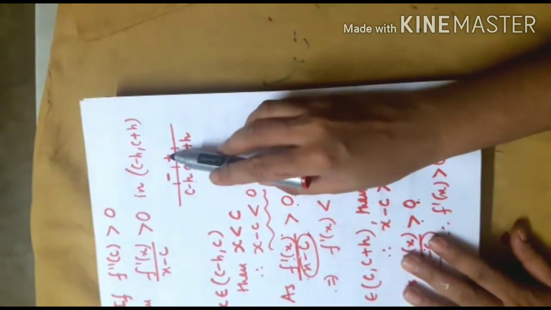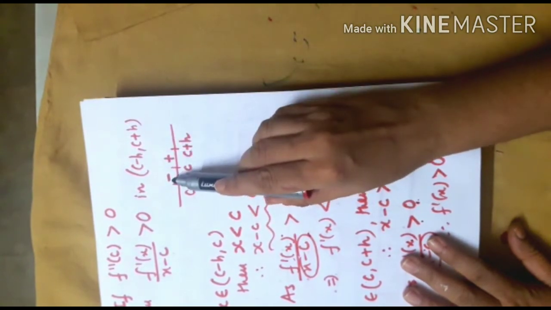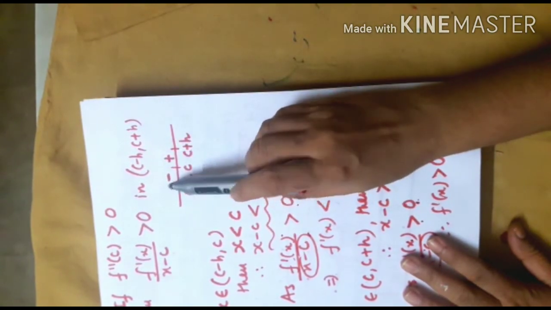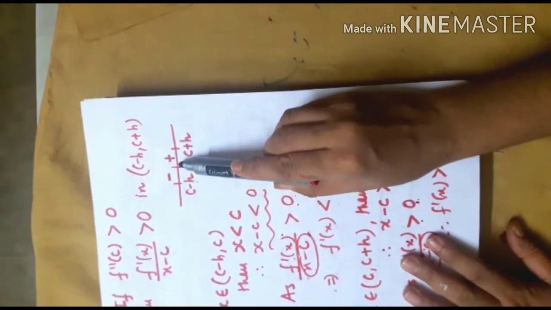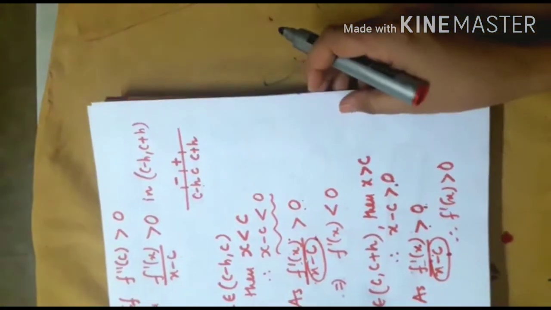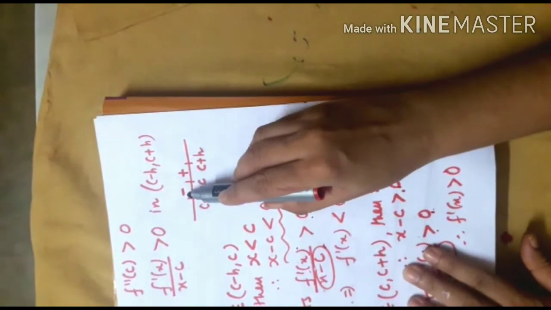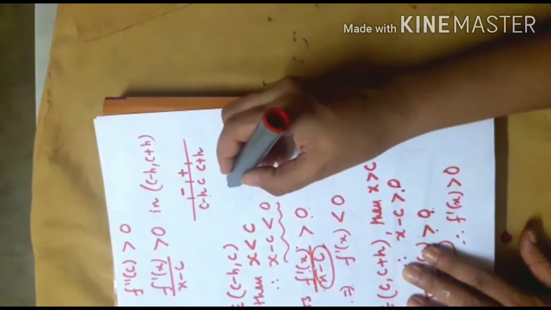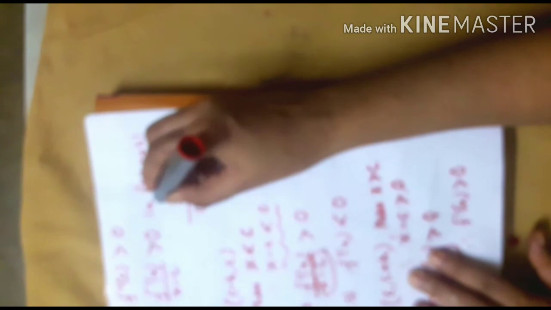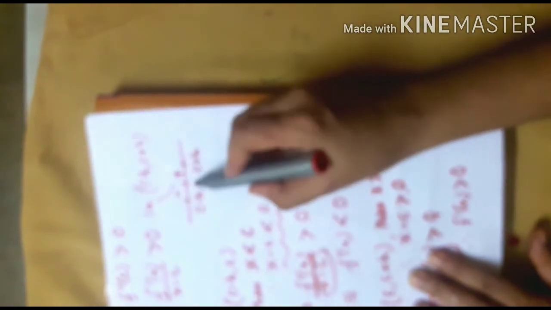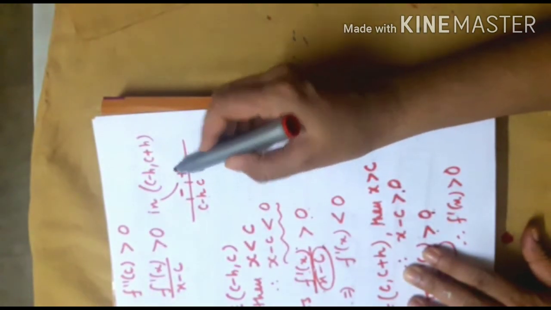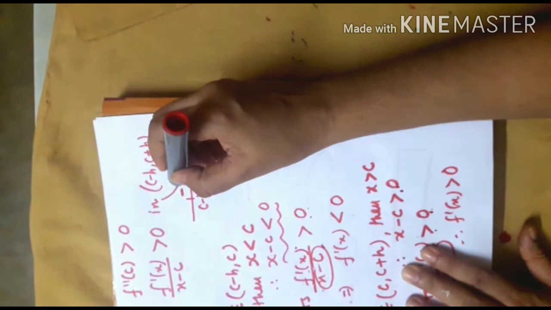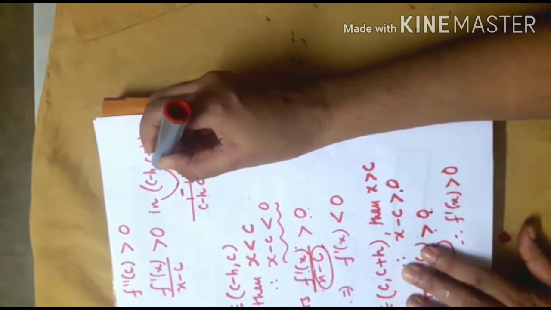Yes, so now you can see the derivative has changed its sign from negative to positive as x increases through c. So first the sign of the derivative is negative, so the function will decrease, right? Then the sign of the derivative becomes positive, so the function will start increasing.